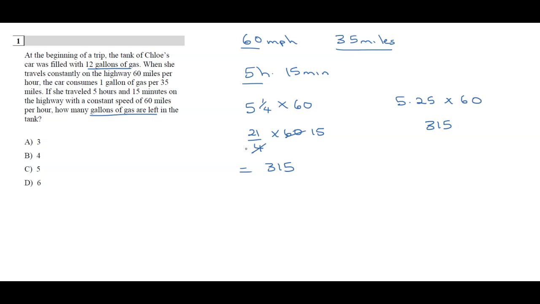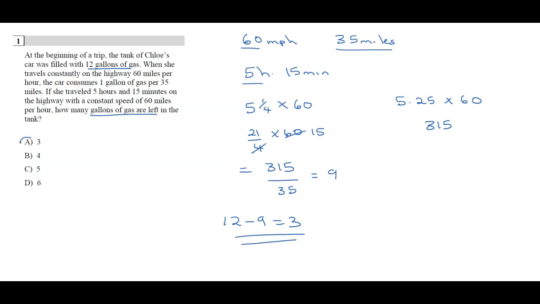So what you need to figure out is how many gallons of gas does she burn to travel 315 miles. So all you have to do there is divide this by 35. This is going to give you 9. So how many gallons of gas are left over? It's 12 minus 9. It's going to give you 3.